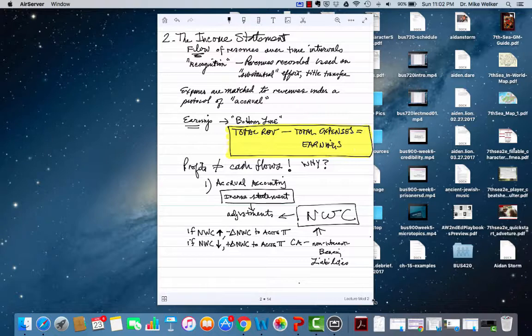You subtract the change in net working capital from profits, and that helps you identify the cash flow. So, as a general rule, subtract the change, delta, in net working capital from the profits. That gives you cash flow.